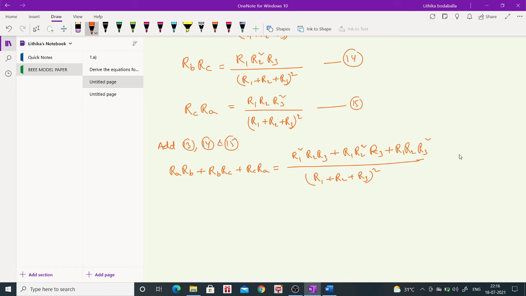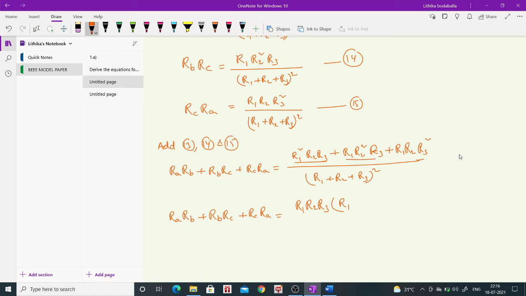Now again I am writing this, RA RB plus RB RC plus RC RA is equal to, I am making R1 R2 R3 common. In every term there is R1 R2 R3. So if I make R1 R2 R3 common here, see R1 is twice, so I am left with R1 in the first term.